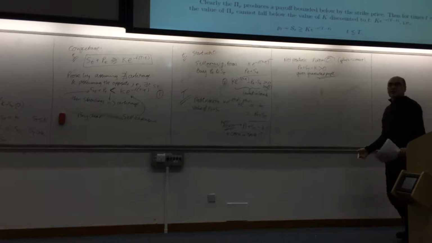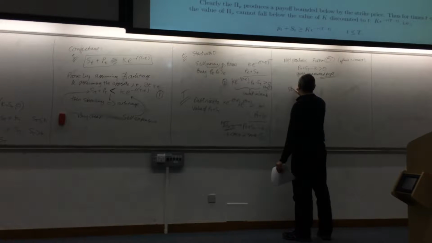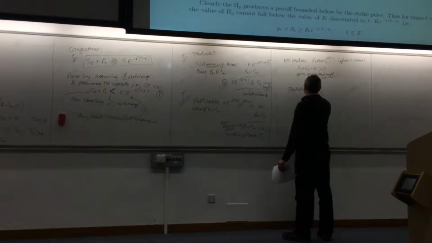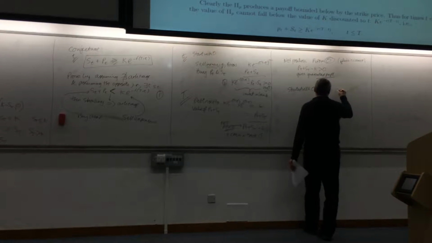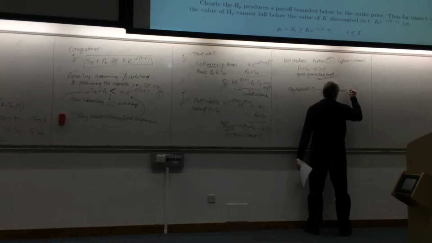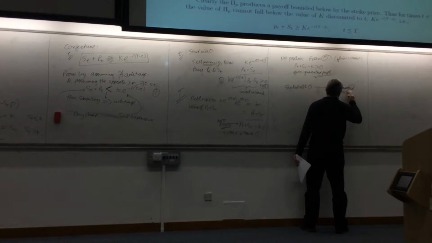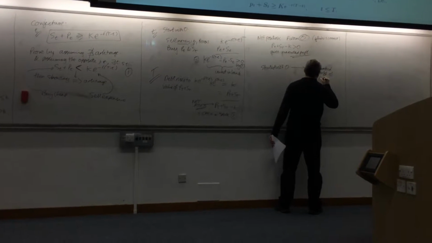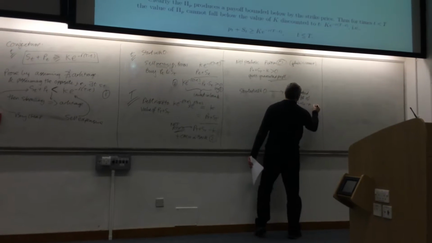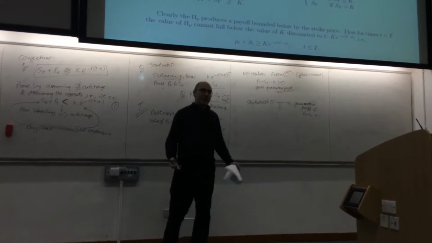Okay. So the point was I started with nothing and I've gone to a guaranteed profit of P_T plus S_T minus K, plus the cash in the bank.